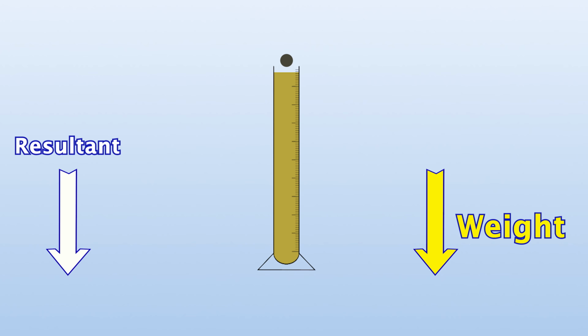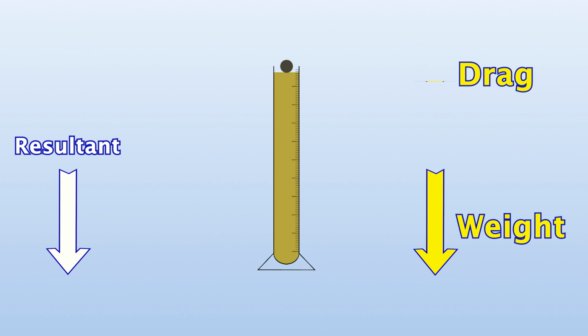Right. Instead of an object falling through the air, let's imagine an object falling through a liquid. Let's take a large metal ball falling through a cylinder of oil. Just like the skydiver, the weight of the ball does not change as it goes down. The drag, however, the resistance from that liquid, increases as speed increases.